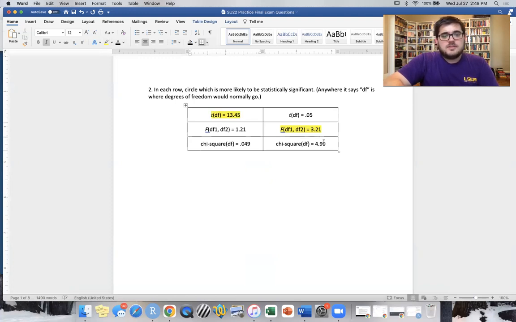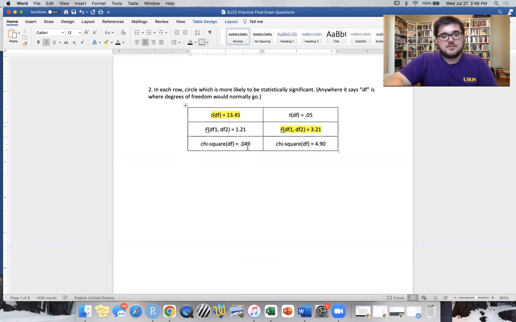Same thing here. This confuses people sometimes. A chi-square test statistic with a certain degrees of freedom equal to 0.049. Some people will see this and think, less than 0.05, that means statistically significant. Not so fast. The test statistic, the number that corresponds to the test statistic, is not the p-value.